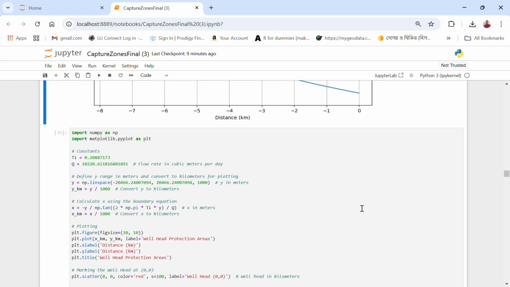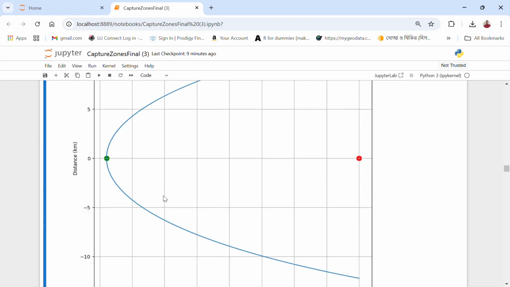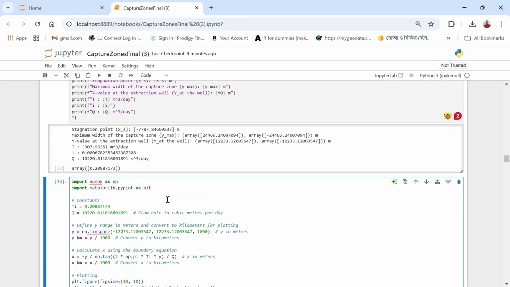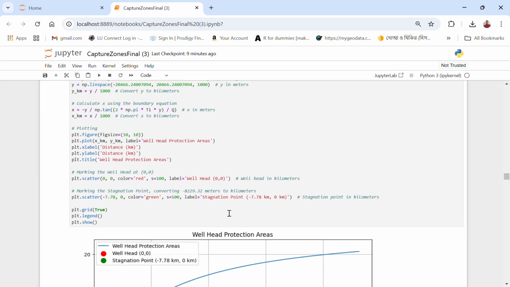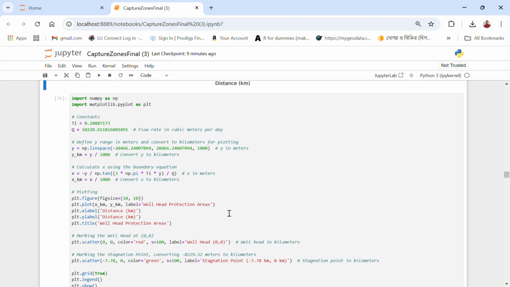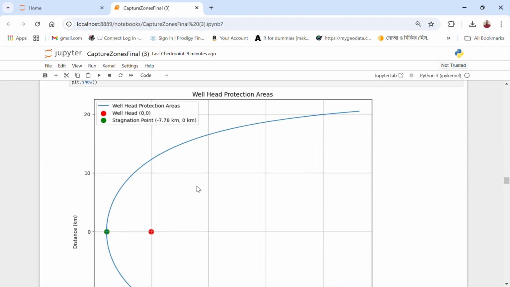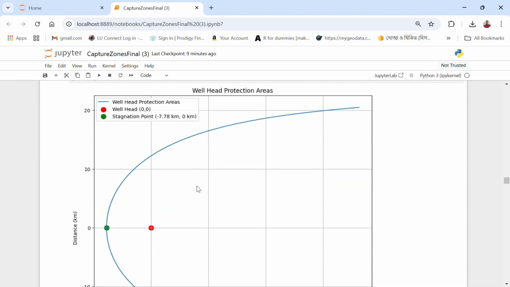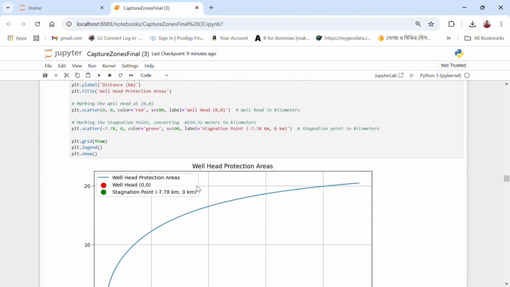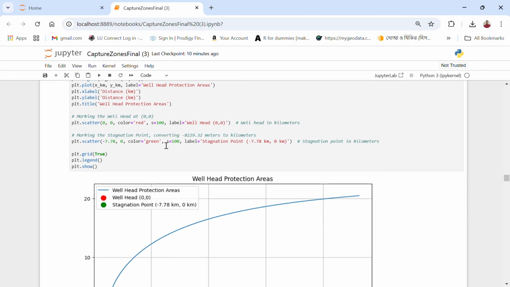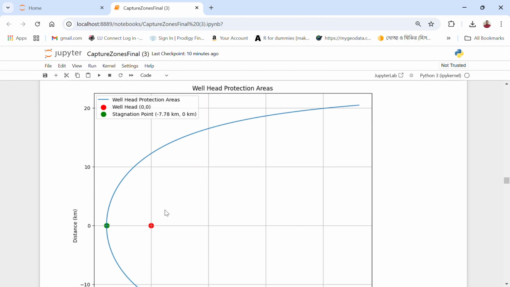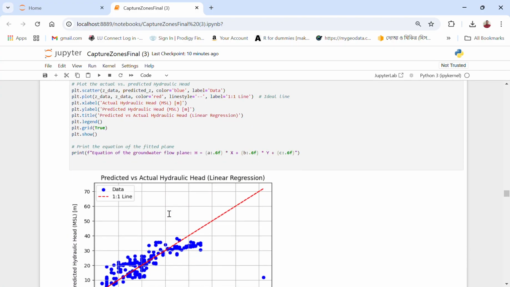After that, in this file I get a problem whenever I put this y max value, which is 24 kilometer. It makes a problem for the plotting, so I reduce this value to 20 kilometer, and within 20 kilometer it plots a well shape, but I don't know what the problem is in this boundary equation, because whenever I put in 24 kilometer I get an irregular curve shape.